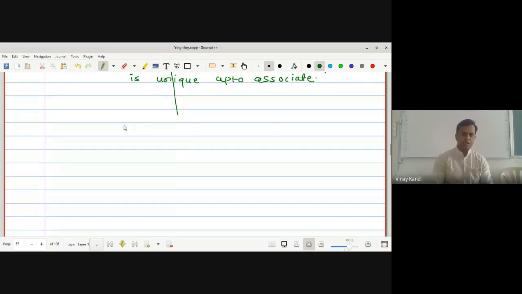Okay, now case 2. We have to prove that R of x is a unique factorization domain.